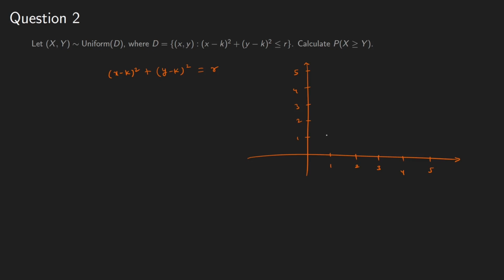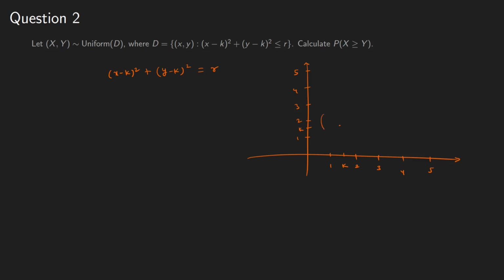Because its center can be at 1 1, 2 2, 3 3, and even in the negative direction this circle can be located with radius square root of r. But we don't know where it is located because we don't know the value of k. So suppose it's located at any point k. I don't know which point it is. It's not given that it is between 1 and 2, but for simplicity we are assuming it's here.